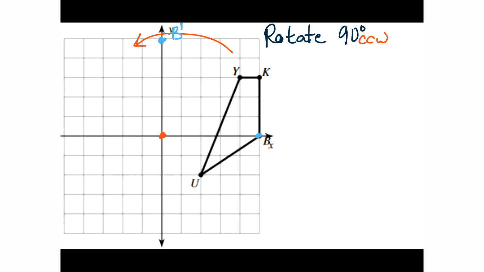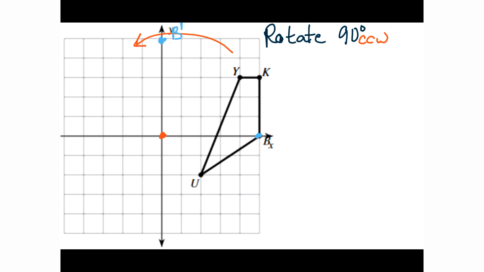Well, I can do similar things with K and Y. If I look at K and Y, I need to rotate 90 degrees. So, how am I going to figure out which way they go?